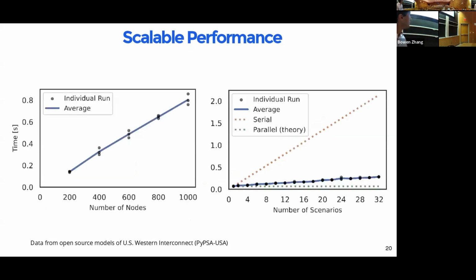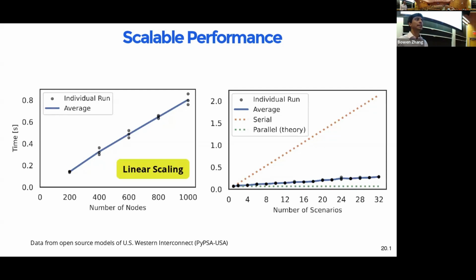And so just to see this in more detail, we looked at how the performance of the algorithm scales with both the number of nodes, or roughly the size of the network, and the number of scenarios. And importantly, as you increase the size of the network, you get roughly linear scaling for gradient descent. And second, you get efficient parallelization.